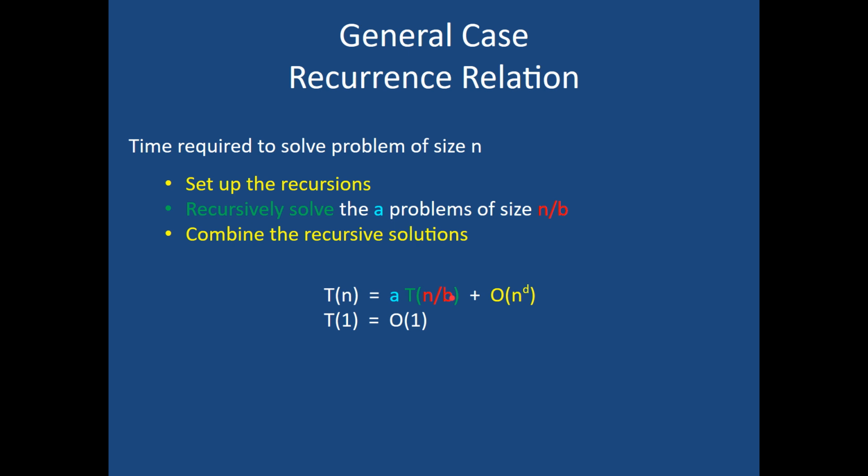So 1 over b is the amount by which the problem size decreases. And then O of n to the d is the overhead, the setting up and the combining when you're done. So we've got a, we've got b, we've got d. Those are the 3 numbers that go into using the master theorem.